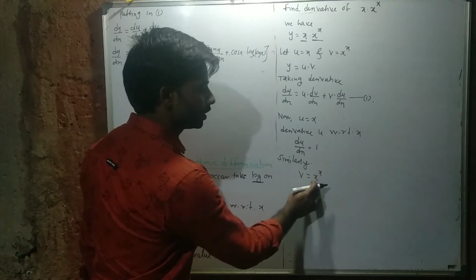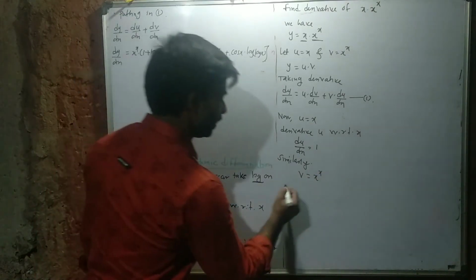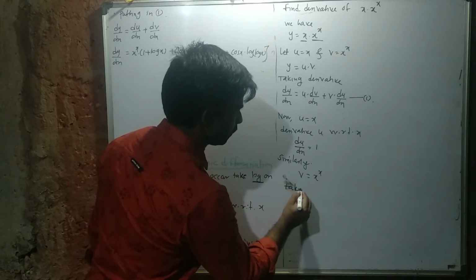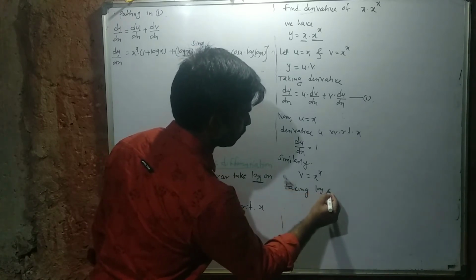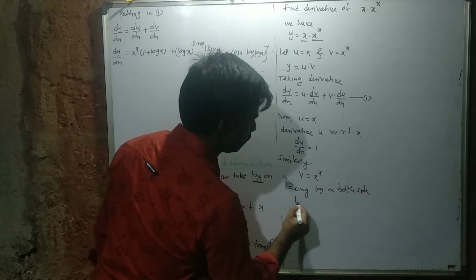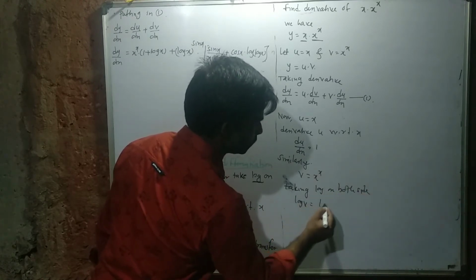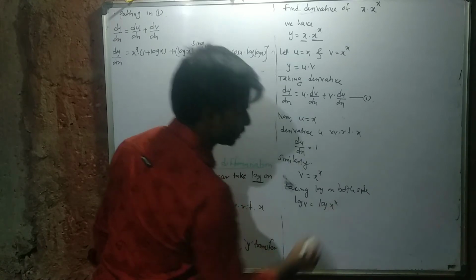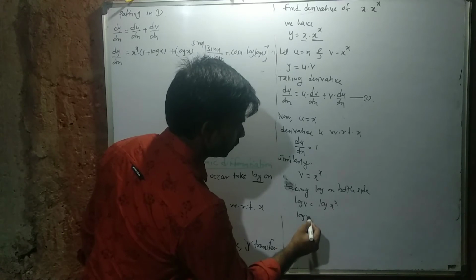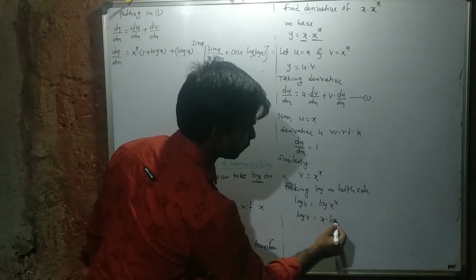That means one function is the index of another function, and therefore taking log on both sides, log v is equal to log x raised to x, and therefore log v is equal to x into log x.